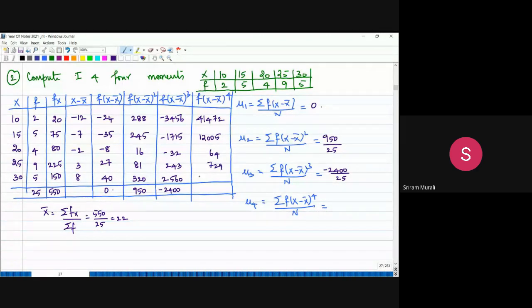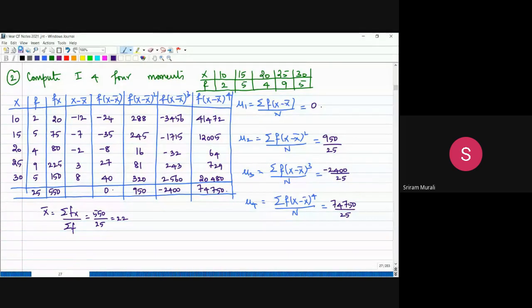This is 729. It is 74750. This is 2420480. Answer will be 74750. So that is the fourth moment. 74750 divided by 25. Have you all understood? Yes, sir.